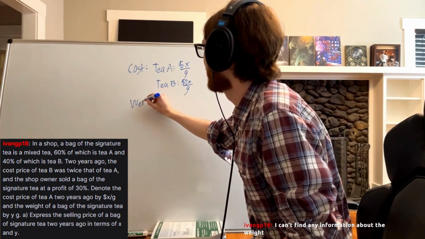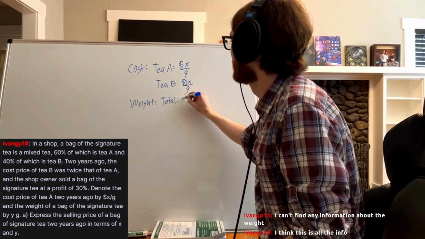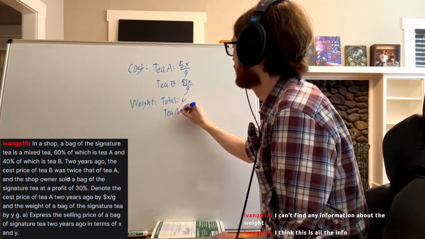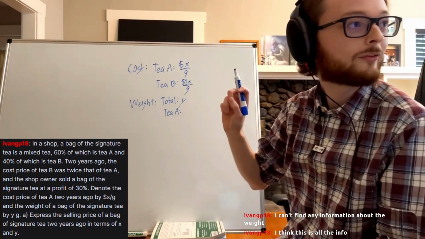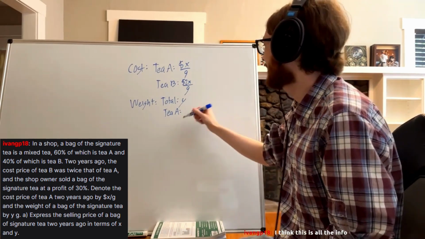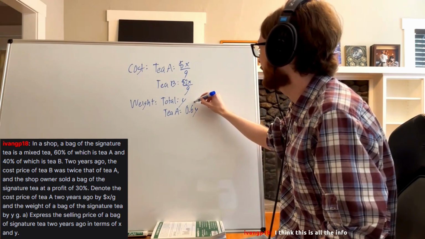If the total weight is Y, the weight of TA is 60% of the bag. And so that means TA weighs 0.6 times Y, and that 0.6 is 60%.